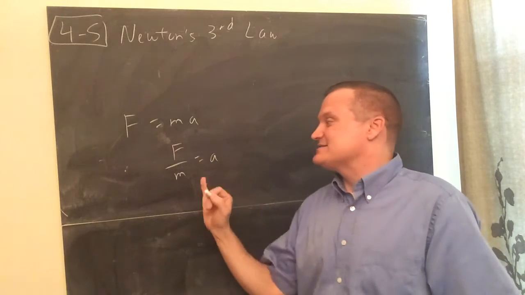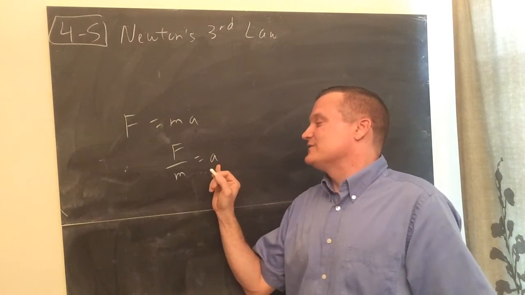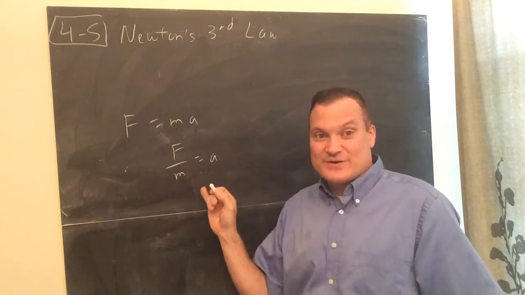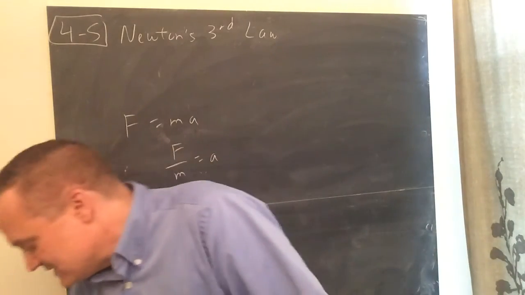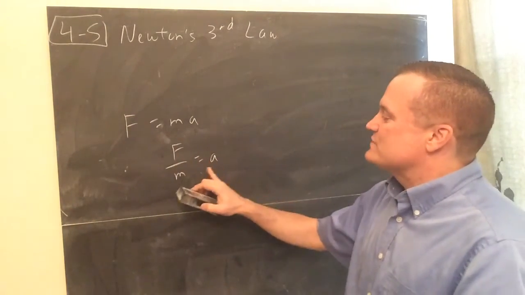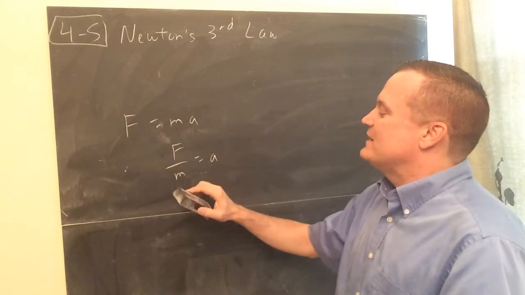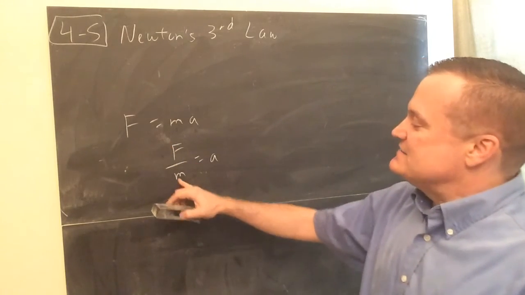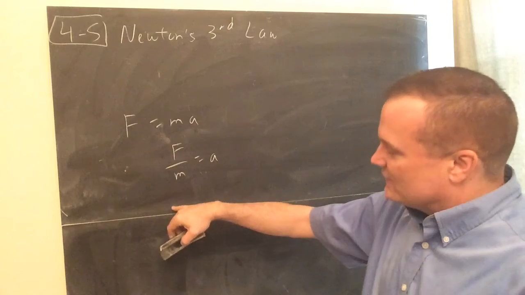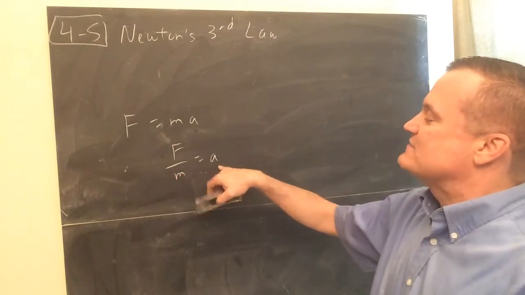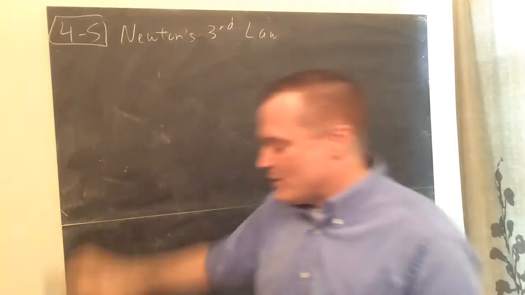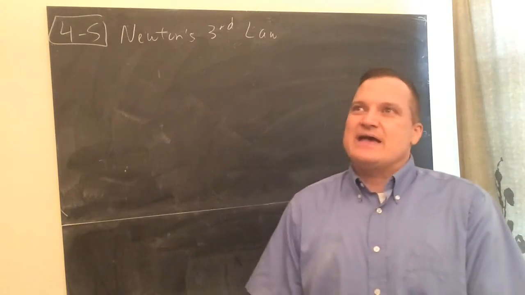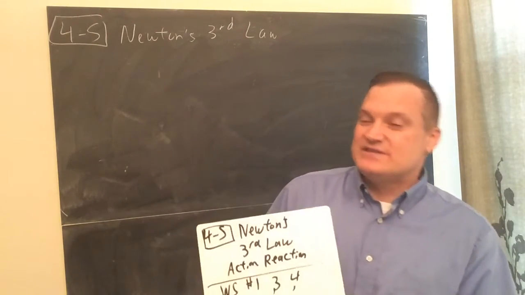Obviously, a big mass will have a small acceleration. A small mass will have a greater acceleration. And of course, it's directly proportional to the force, so more force means more acceleration. And it's inversely proportional to the mass. Having a great mass means you don't have as much acceleration. So that's two ways to look at it. How does mass affect the force? How does it resist the force?